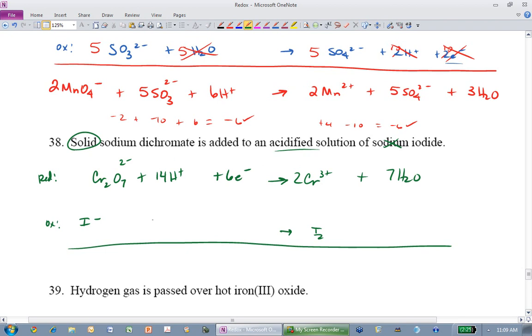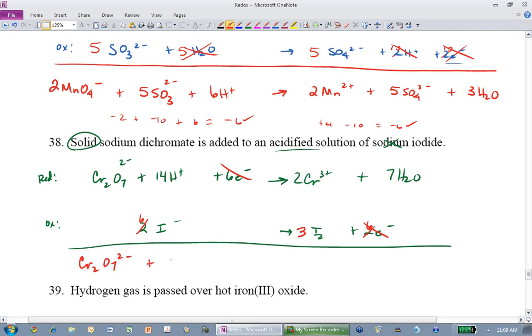And then my I minus, oh, sorry, I've written it over there. And I'm going to have to double that. And so I'm going to need 2 electrons, and I have to triple everything on the bottom now. So my 2 becomes a 6. I said triple, right? Yep. And that becomes a 6 because the whole point was to cross those off. Can't clean up anything else.